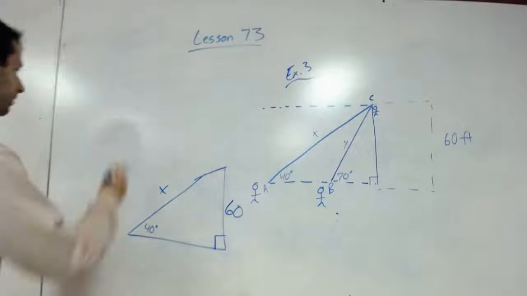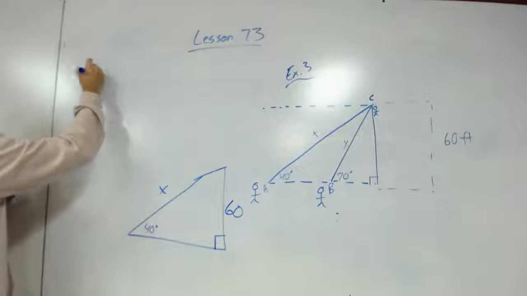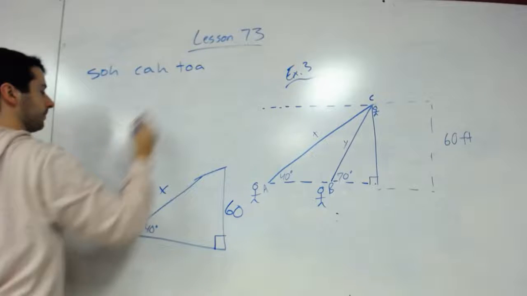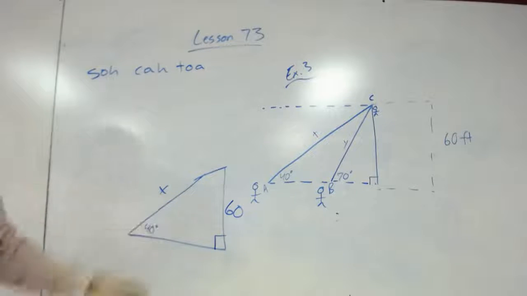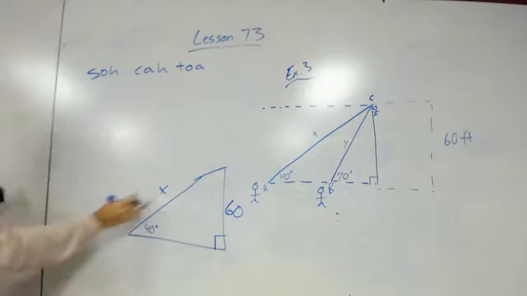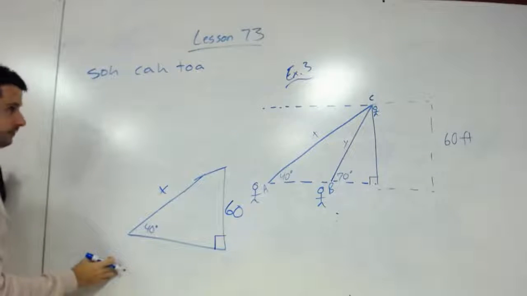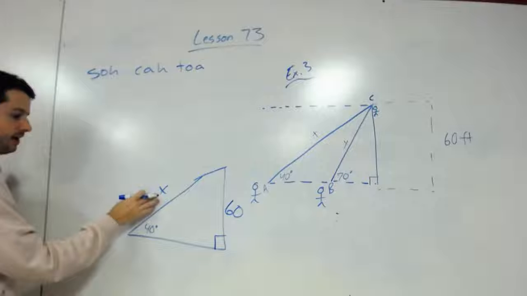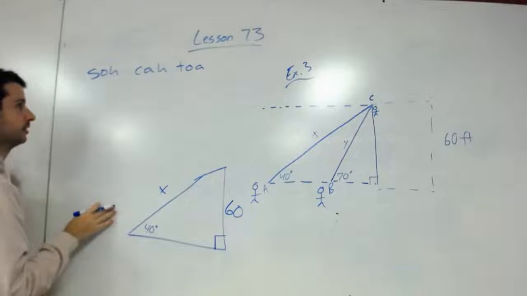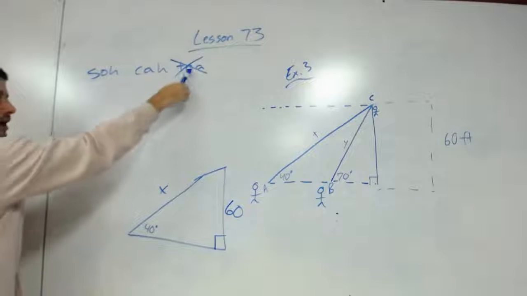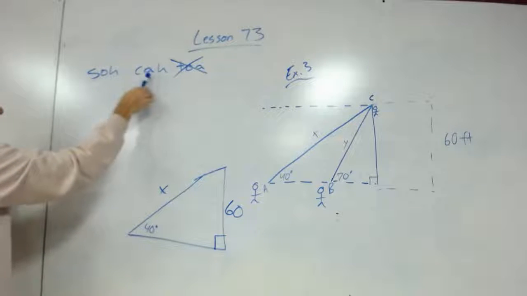So we're going to use our SOHCAHTOA and try to see which one we need to use to find x. Well, x in the triangle is the hypotenuse, because it's opposite the right angle. So we can automatically cross out TOA because there's no hypotenuse in it. These both have hypotenuse.